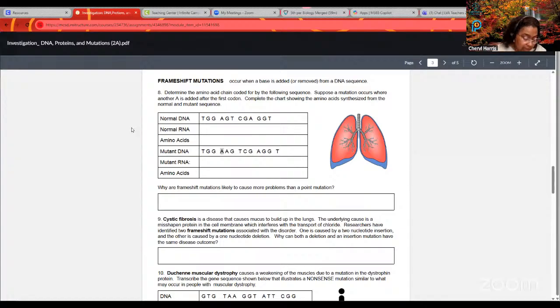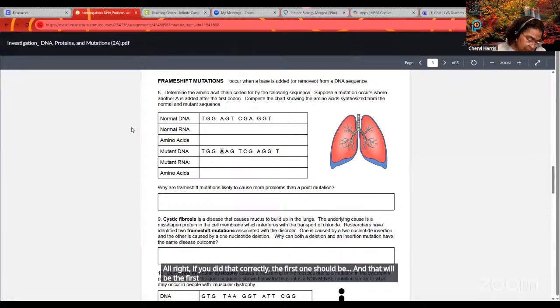So again, you need to translate the TGG. All right, if you did that correctly, the first one should be the same on both of them, because the problem is not with the first set of codes. The problem comes with the second set. The first one is ACC, which brings the amino acid threonine, THR.